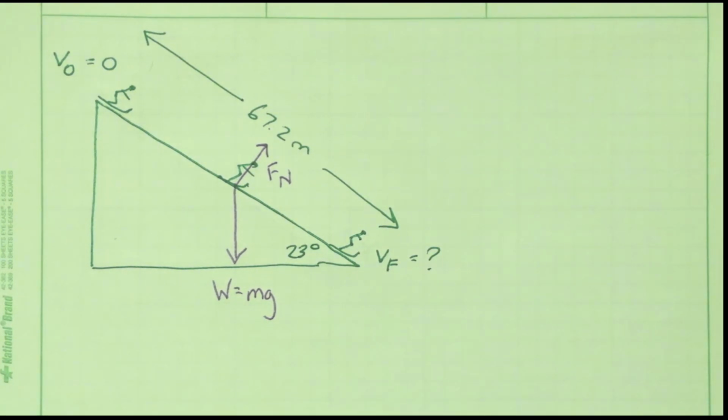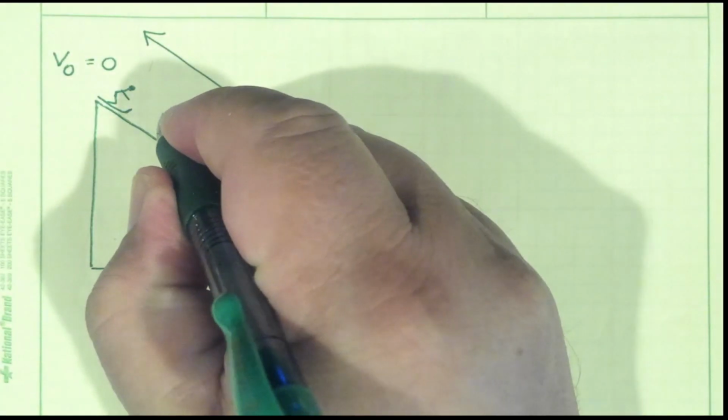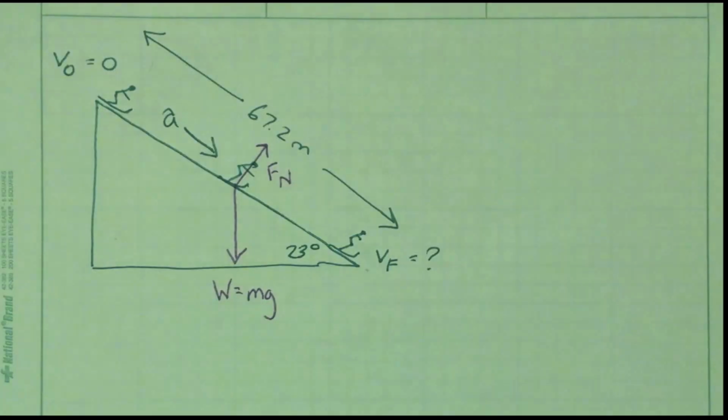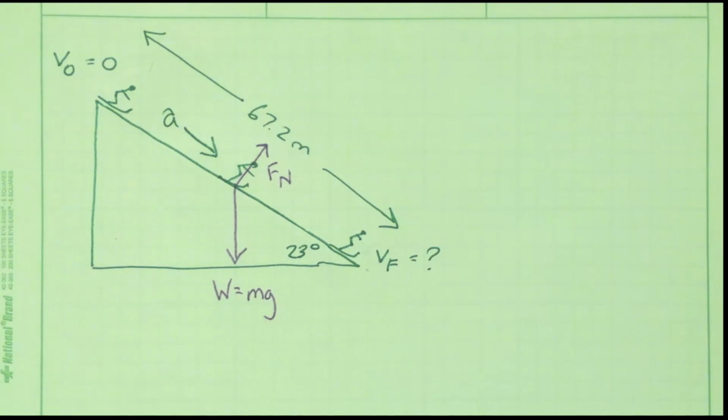Because if we adopt a traditional X and Y coordinate system, we would have to break the normal force up into components, and additionally, we would have to break the acceleration up into components. Her acceleration as she goes down the slope would have, in a traditional Cartesian coordinate system, both X and Y components.